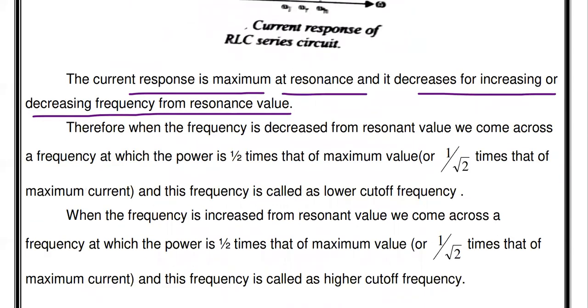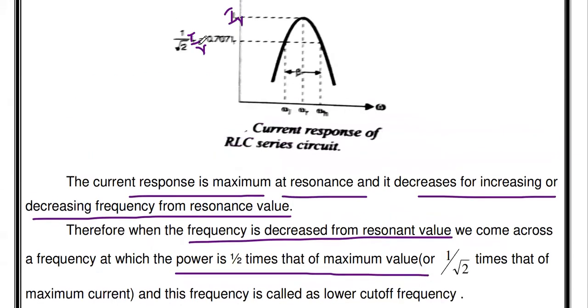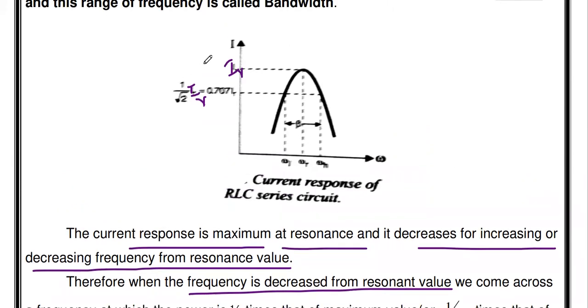Therefore, when the frequency is decreased from the resonant value, we come across a frequency at which the power is half that of the maximum power, or the current is 1 by root 2 times that of the maximum current. So this is the current graph with respect to frequency.